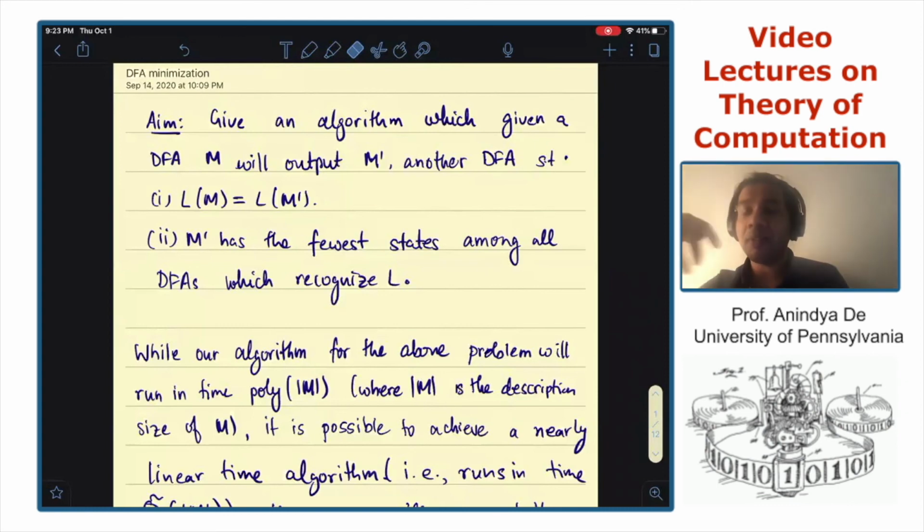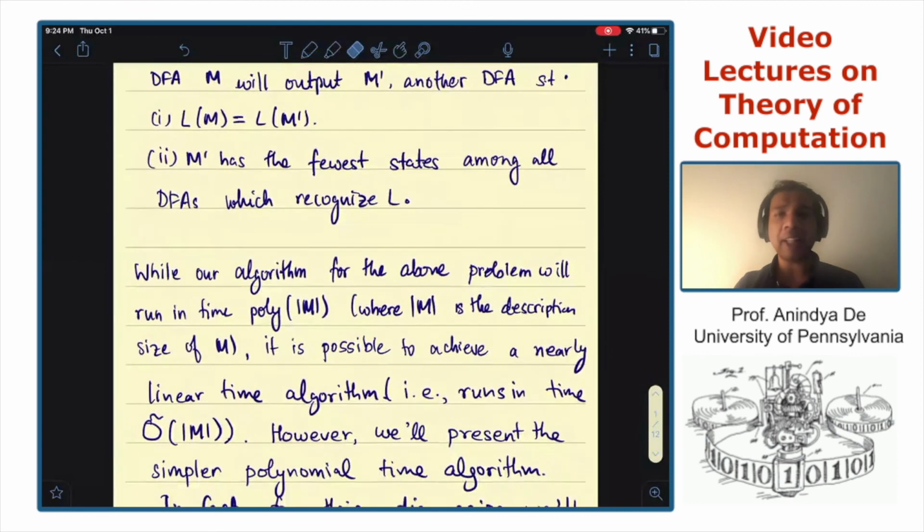So it's an effective version of the non-constructive statement I mentioned earlier. It gives an algorithm to compute the smallest DFA for a regular language L, where the language is presented to us through a DFA computing it. So this will be the goal for this video.